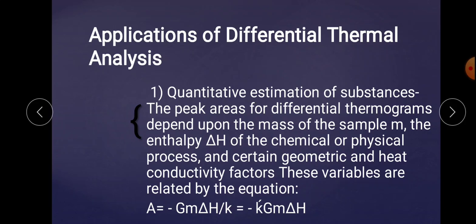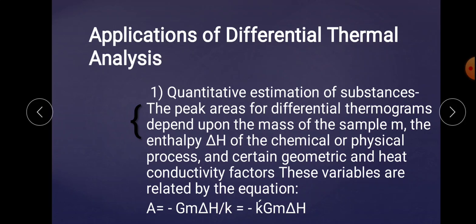We know that there is a differential thermal graph, the DTA graph. In that DTA graph, the peak area for differential thermograms depends upon the mass of the sample, that is small m. It also depends on the enthalpy, delta H, of the chemical or physical process, and certain geometric and heat conductivity factors.